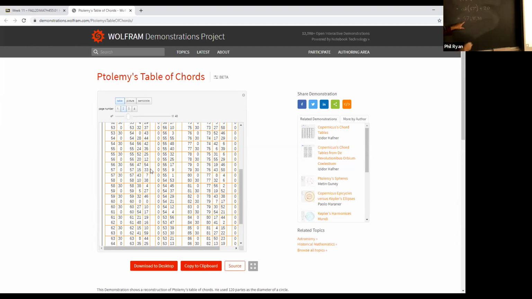Okay, so that's the length of the chord. Plus 20 times the correction, and the correction is given right here. It's 55.9.